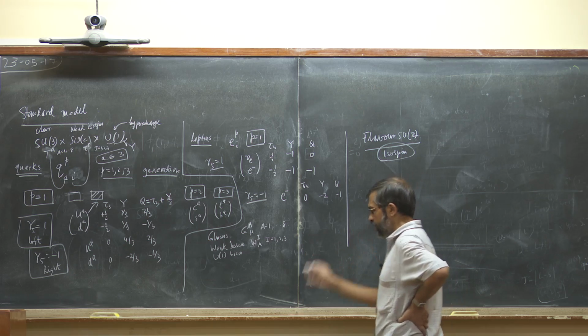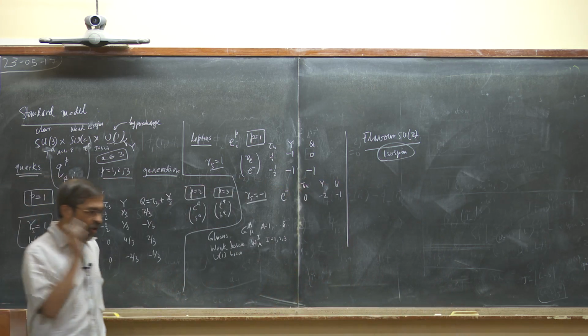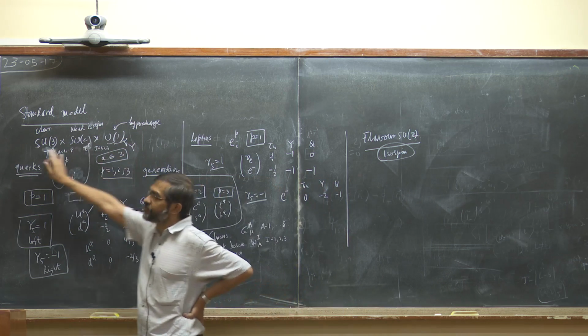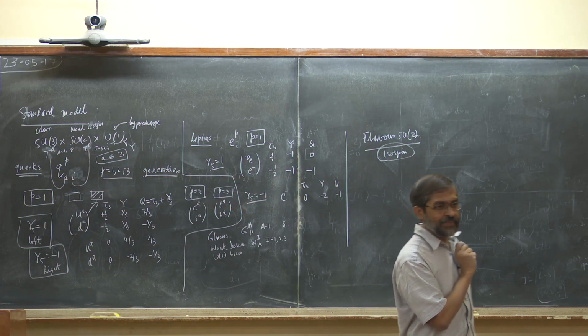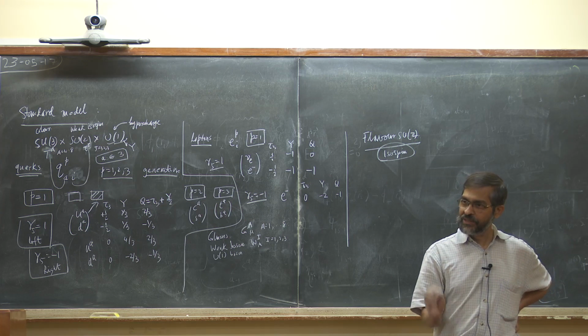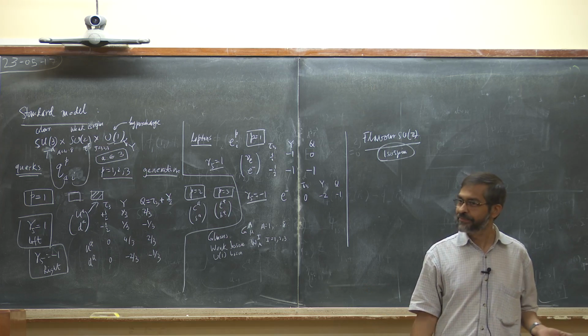Let me tell you first the following fact, that all states in this theory have to be color singlets. Color non-singlet states are not allowed states which can live freely in nature.